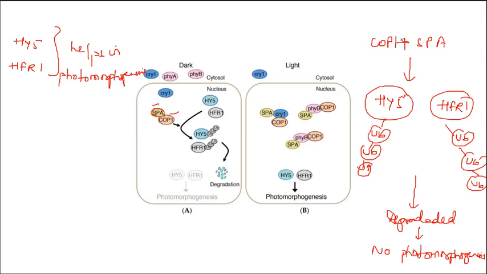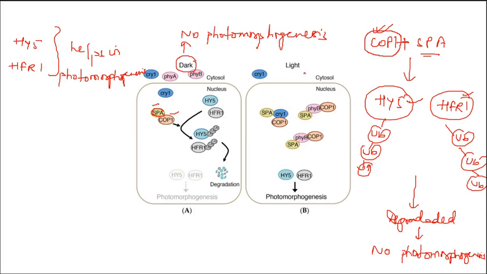So who is the main protein which is tagging with ubiquitin? COP1 helps in the tagging of HY5 and HFR1 with ubiquitin, and SPA is acting as the activator of COP1. Now this happens in dark because in dark there is no photomorphogenesis. So this is a process seen in dark, where HY5 and HFR1 are degraded. Now coming to presence of light, what happens?